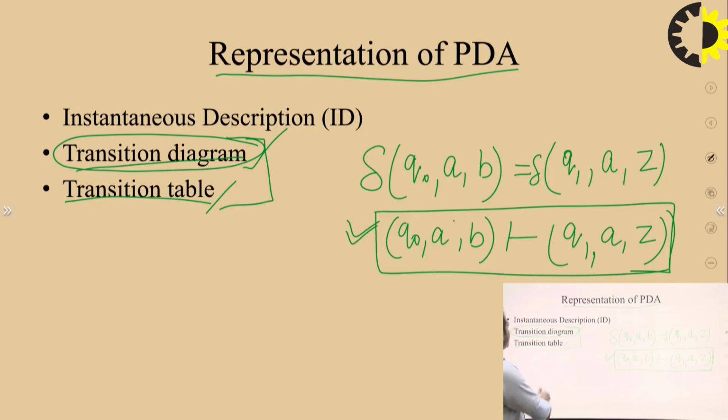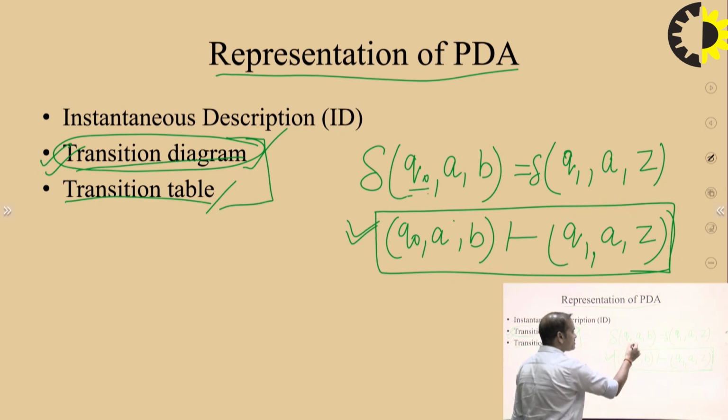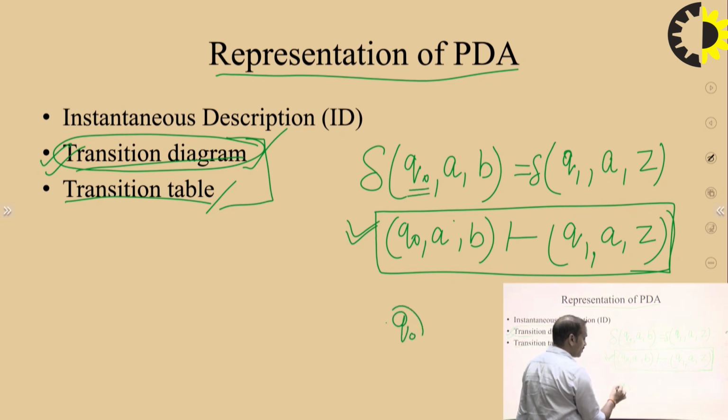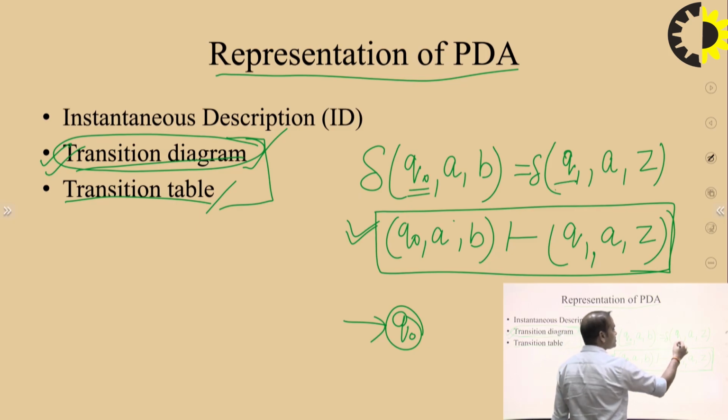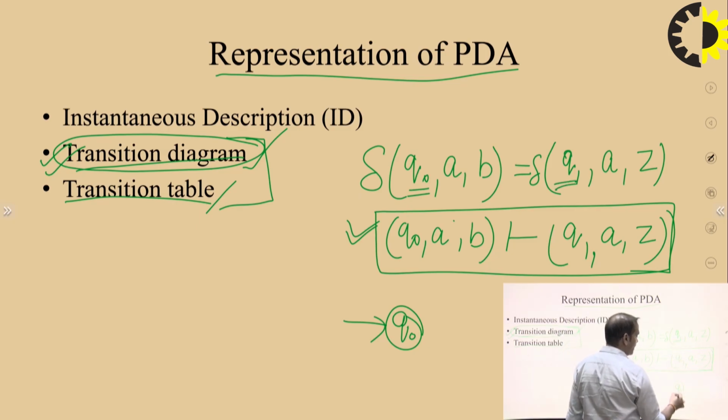Next one is transition diagram. What is meant by transition diagram? This is a transition function, and we want to draw a diagram. That diagram is called a transition diagram, like this. A state is q naught. We mark this q naught as an initial state. The next state is q1. Here we mark the next state q1.